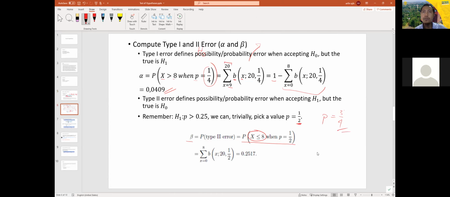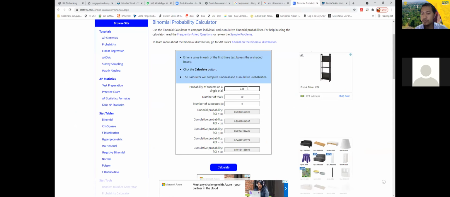So you can use the online calculator, this one, and we change this p to 0.5, and the number of trials is still 20, and the number of successes is 8. Yeah, and then calculate.